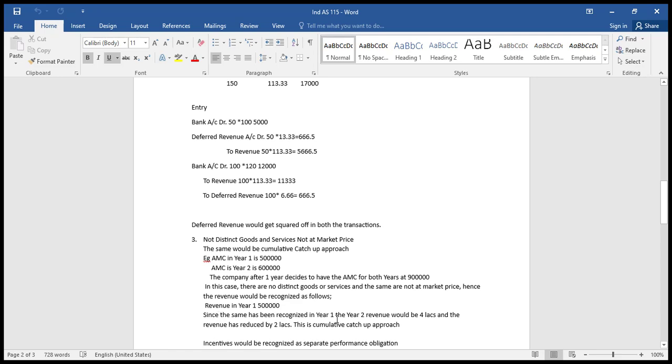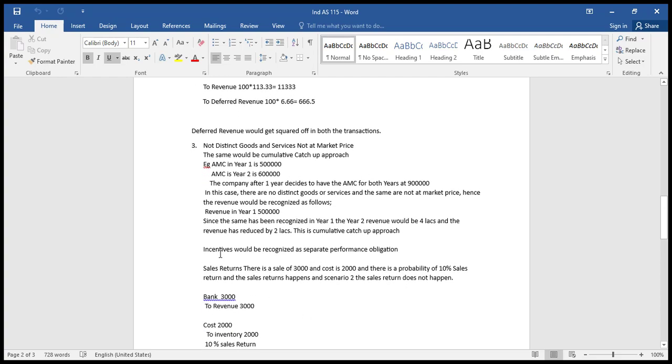Since the same is recognized in year 1, in year 2 an additional 4 lakhs would have to be taken as revenue, and the cumulative catch-up approach will have to be followed.